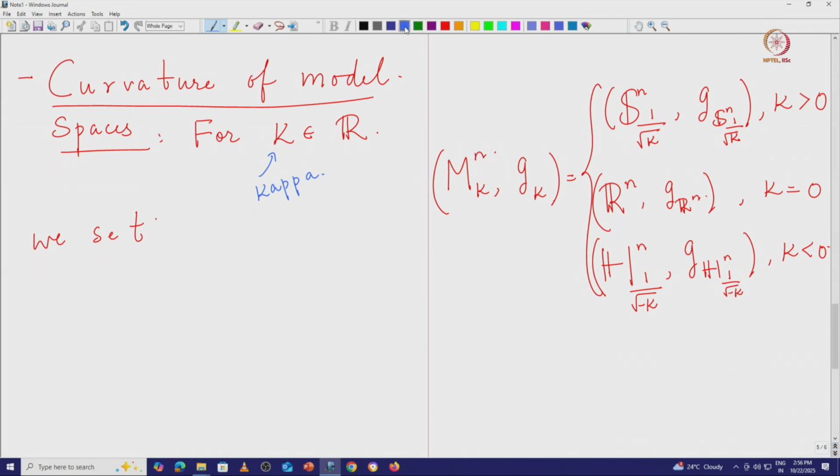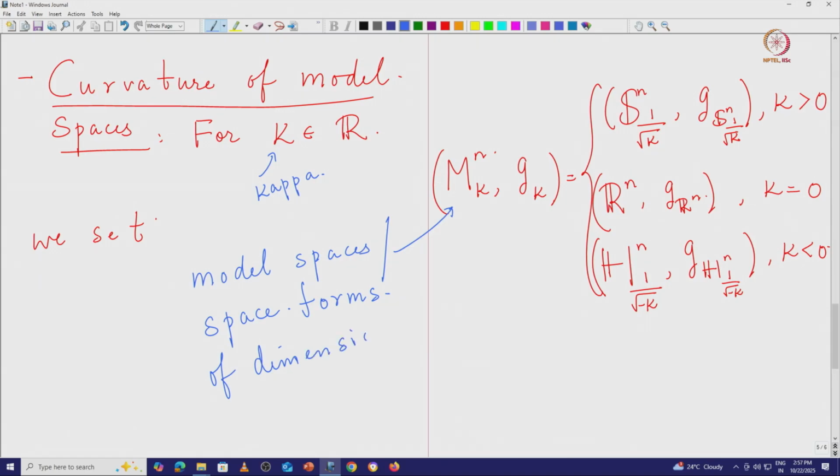So these are called the model spaces, or later on we will also call them space forms, or more precisely simply connected space forms of dimension n. Okay, so for now forget about the terminology space forms. I'll just call them model spaces.